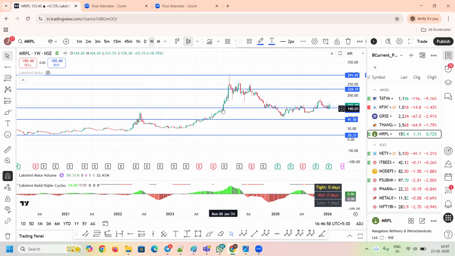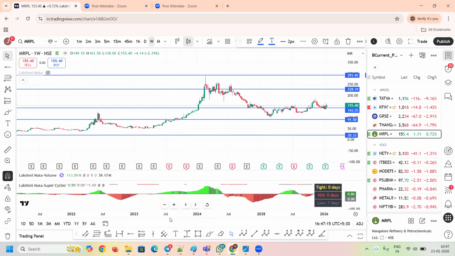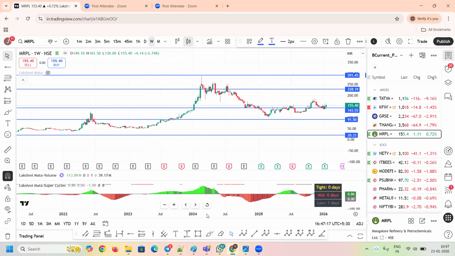Once this crosses, it will have a chance to move in this range. Can you see that clearly? In this range only the stock will play. That is the beauty of these lines. Once it comes down, again it will play in this range. Once it moves up, again it will play in this range. That is the significance of support and resistance in weekly.